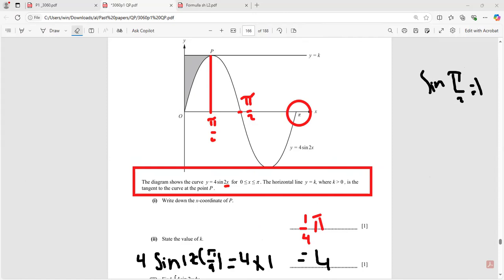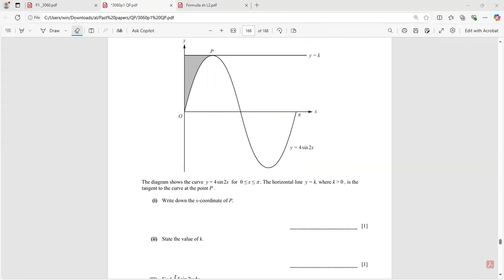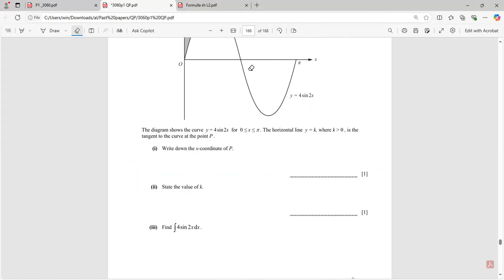Here we're going to find the integral. You'll find the integration rules for sine and cosine in your formula sheet. The integral of sine is negative cosine, so it is negative 4 cosine 2x plus c.